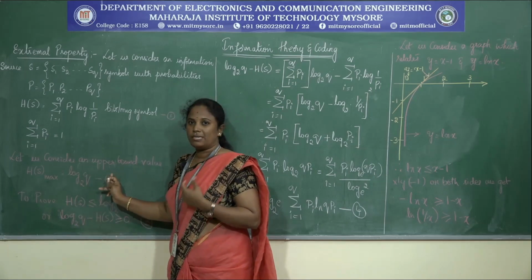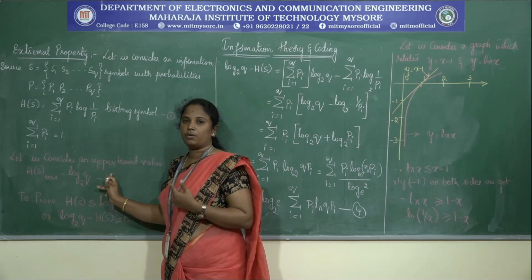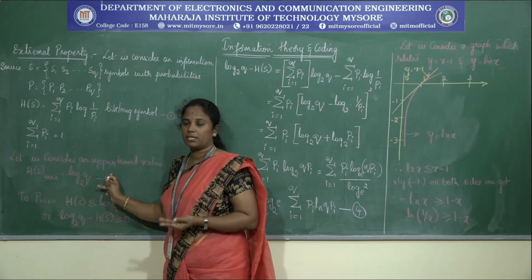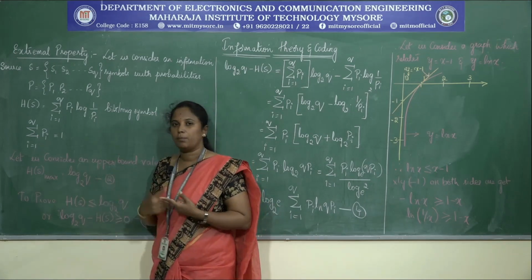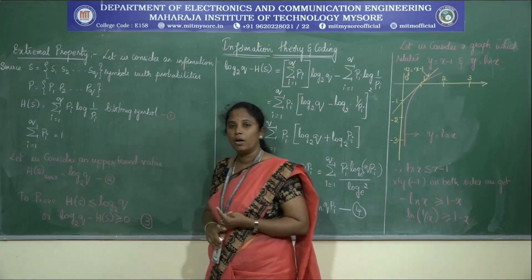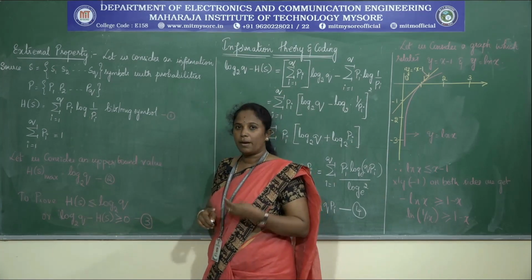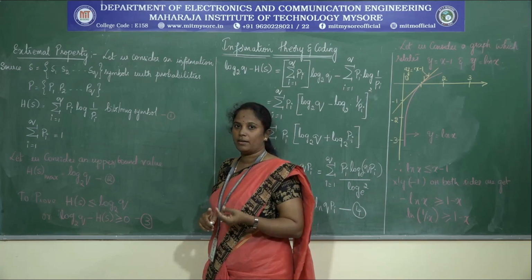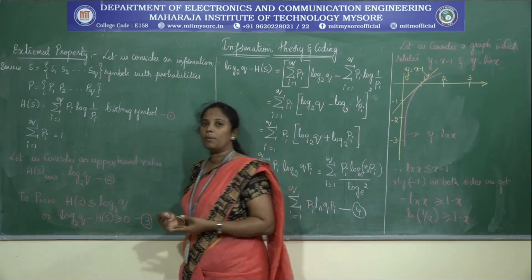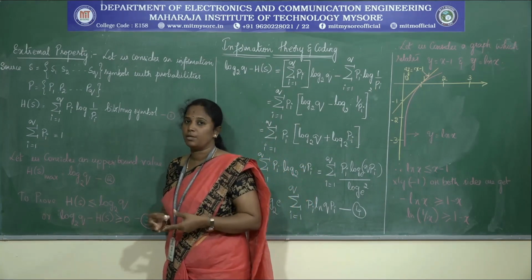Now, in order to derive the value of your entropy, we are considering two values, an upper bound value and a lower bound value. The maximum value your entropy can attain is 1, and the lower bound value is 0.